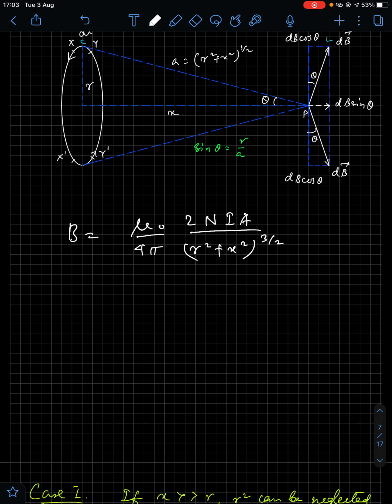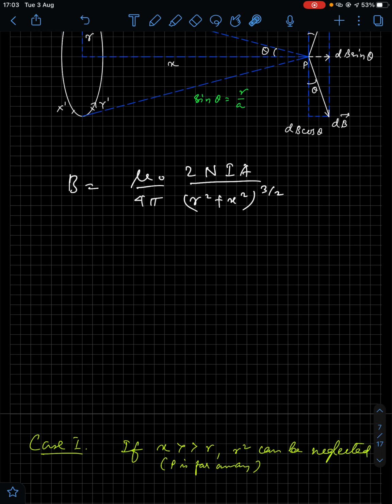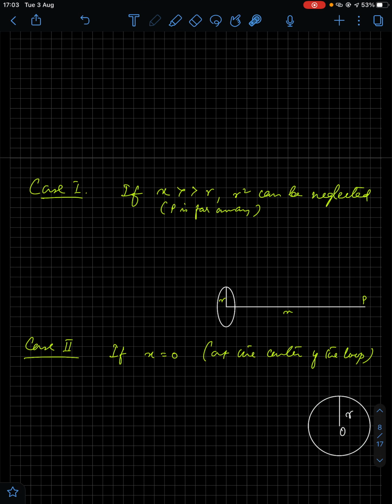Now we have two special situations here. One situation will be if X is much larger in comparison to R. That means point P will be very far away. And the second situation is if X is 0, then point P will be at the center of the loop.